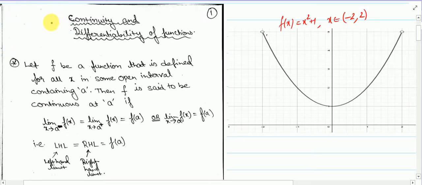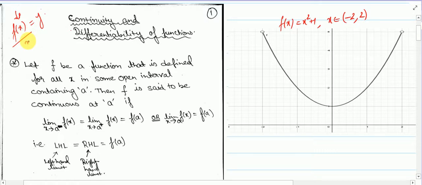Now what does continuity mean? Whenever we have a function, whatever input you give, you'll get an output.